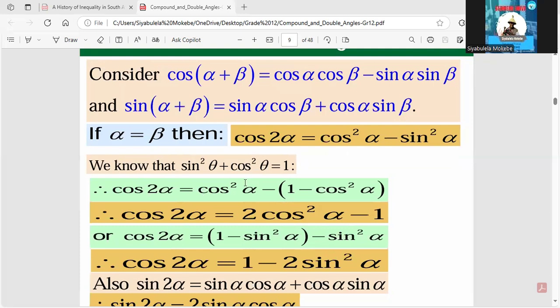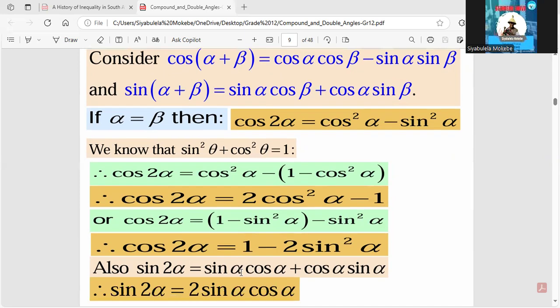Therefore, instead of writing sin squared alpha, we write 1 minus cos squared alpha. Then if we simplify that, you get 2 cos squared alpha minus 1. Or we can instead substitute cos squared alpha with 1 minus sin squared alpha, and that will leave us with 1 minus 2 sin squared alpha. So cos 2 alpha is equal to 1 minus 2 sin squared alpha.